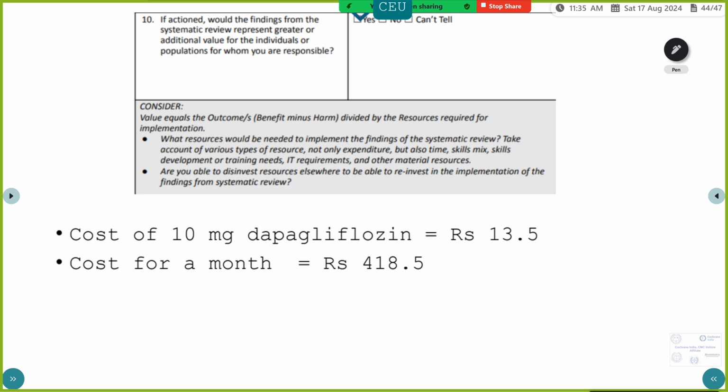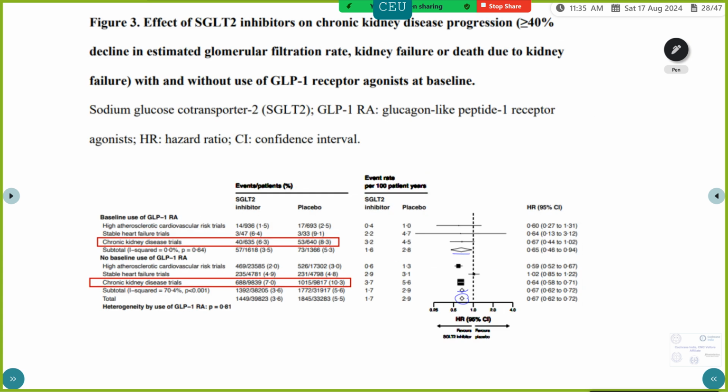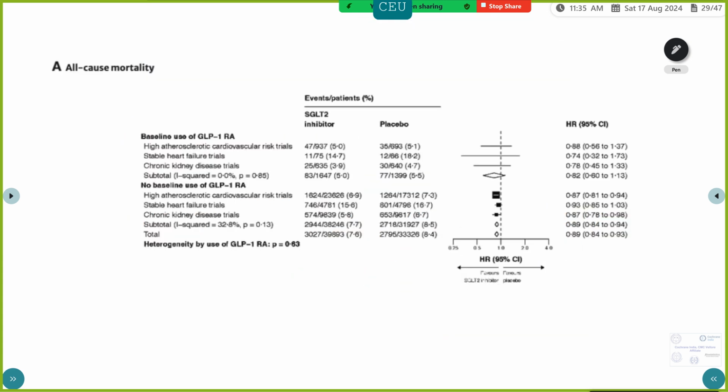Would it add any additional value for the patients? The cost of 10 mg of dapagliflozin, which they have used in most of the trials, is 13.5. The cost for a month will come to 480. Now, if we were to look at all-cause mortality, these are ideally hazard ratios. If we equate it to a relative risk, 0.93 is the upper limit.